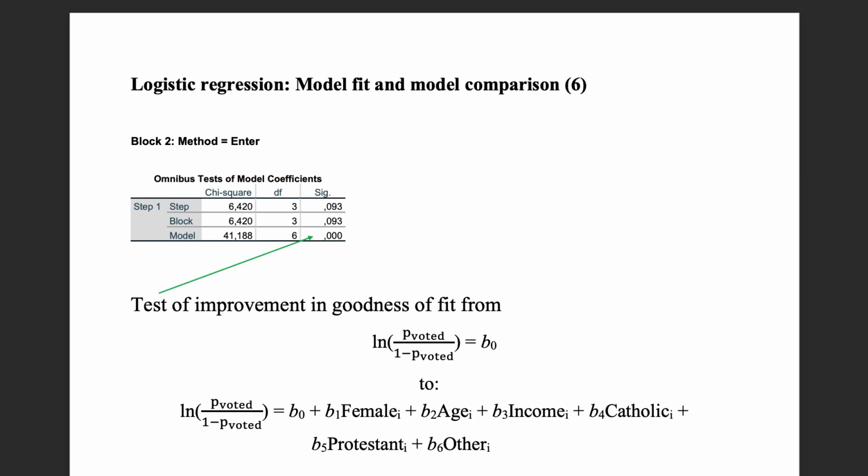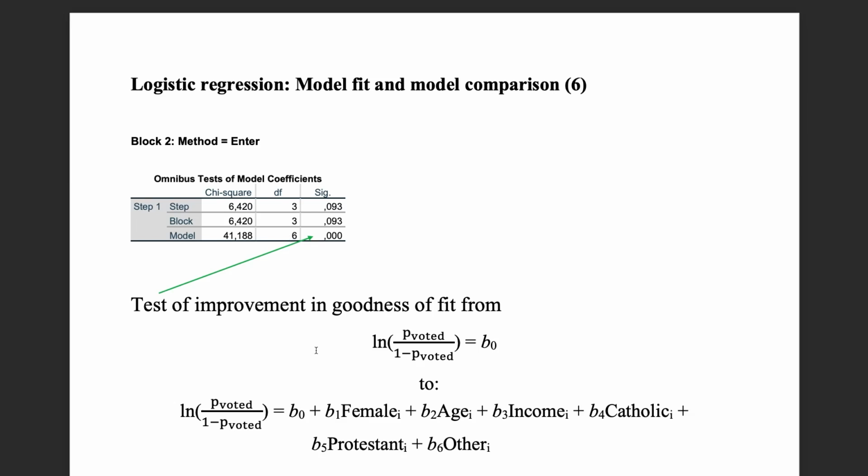So in that case, what is reported at the bottom here is the deviance test that tests the improvement in goodness of fit from just using B0 as a prediction of voting relative to using the entire model with differences in age, gender, income, and religious denomination to predict differences in voting. So in this case, you see correctly that the difference in deviance is calculated to be 41.188. That's the difference in the deviance between these two models. And we see that the degrees of freedom are correctly reported as 6.